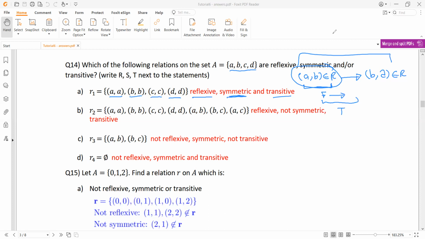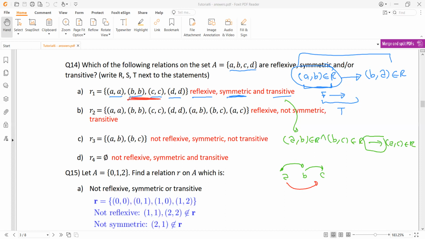Let's do transitivity. It means if (A, B) belongs to R and (B, C) belongs to R also, then (A, C) belongs to R also. So this is an if-then statement. If you have a transition from A to B and from B to C, then the shortcut A goes to C should exist also.